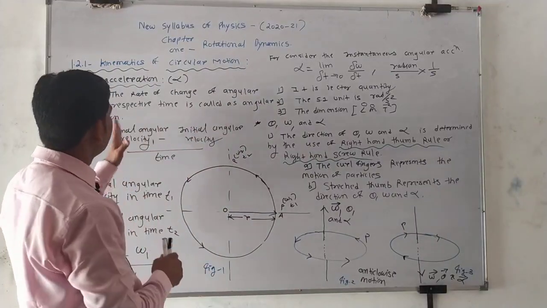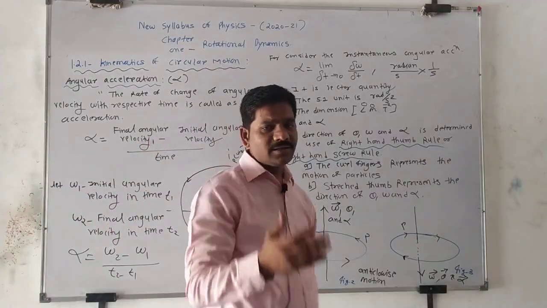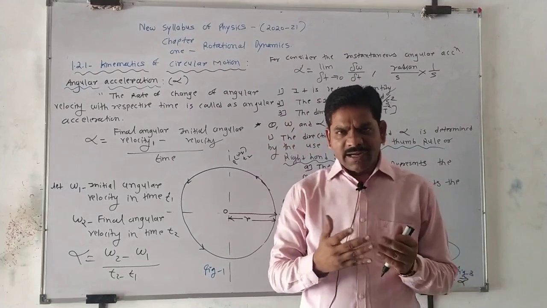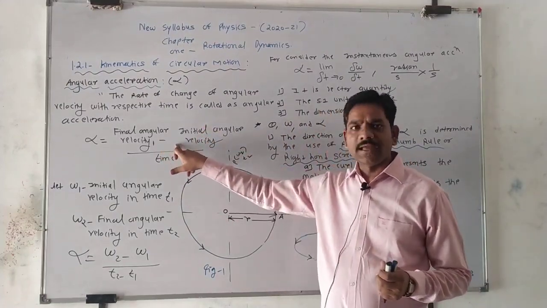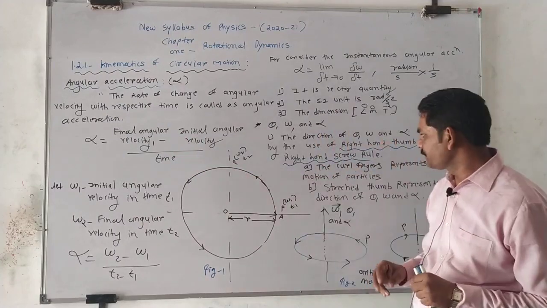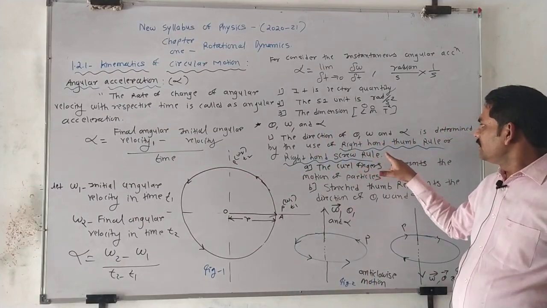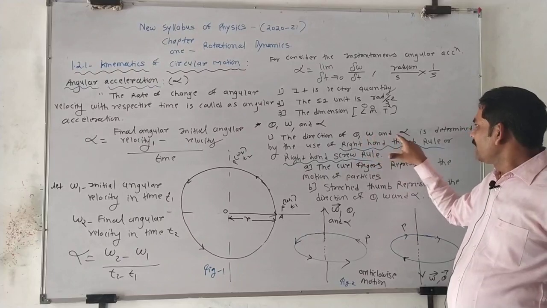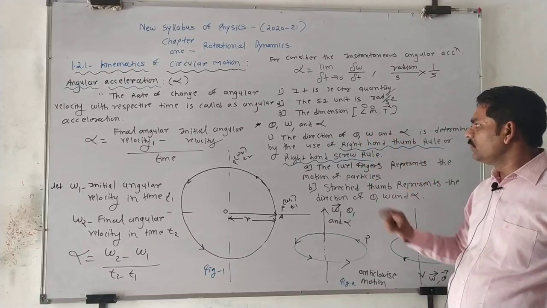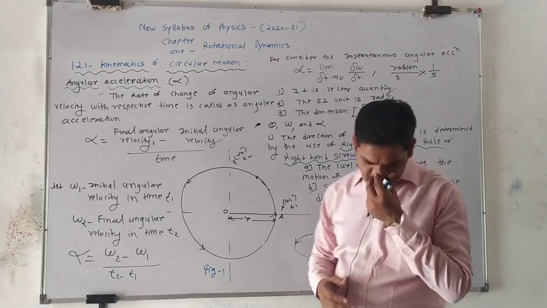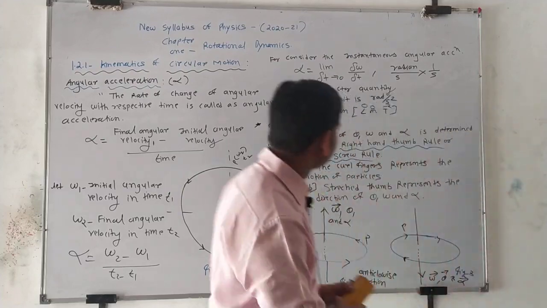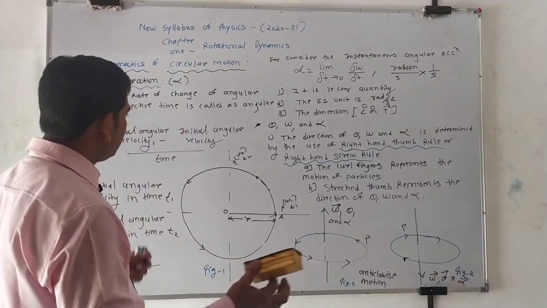Now, angular acceleration means the rate of change of angular velocity with respect to time. It is called angular acceleration. We discussed all these things. Then we discussed the direction of theta, omega and alpha by using the right-hand thumb rule or right-hand screw rule. So consider one example, an electric fan.